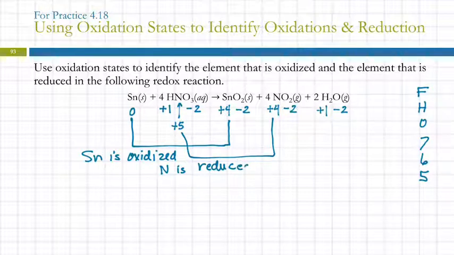Any questions? So we don't count the subscripts from the oxygen on the product side? The subscripts here tell us how many atoms of oxygen there are, right? And so we do consider that. We consider that when we identify what the oxidation state of the other things in that molecule are.